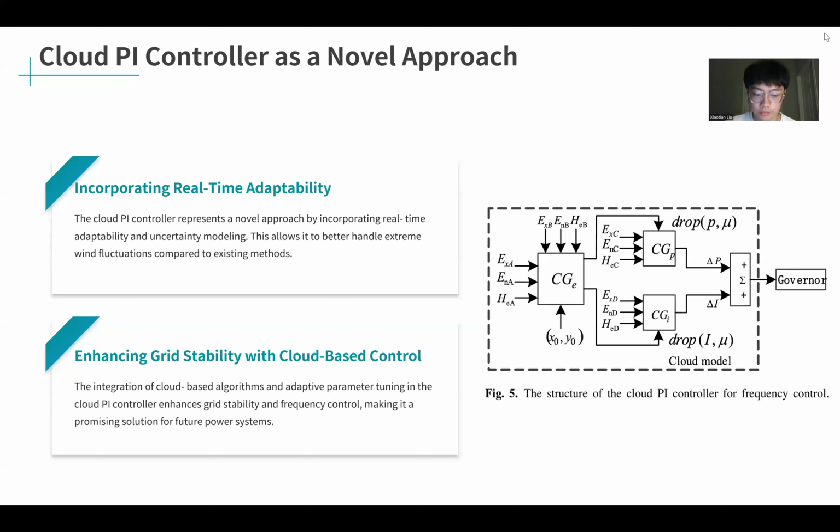As you can see in the figure here, the two sets of inputs are error-related variables for components of the system, and the cloud generator CGE here combines the inputs to generate output for the subsequent controllers CGP and CGI. Using the membership functions, it generates proportional control signals based on P and the parameter mu.